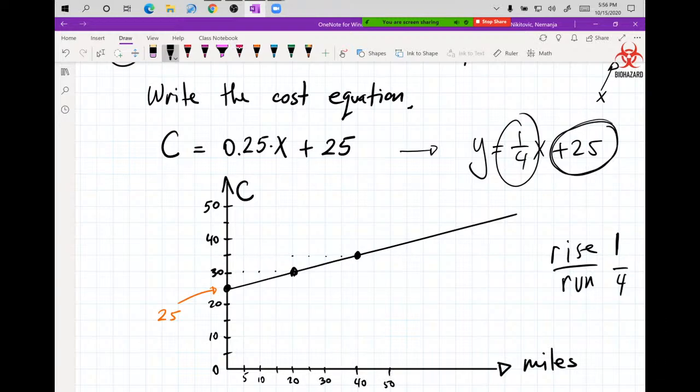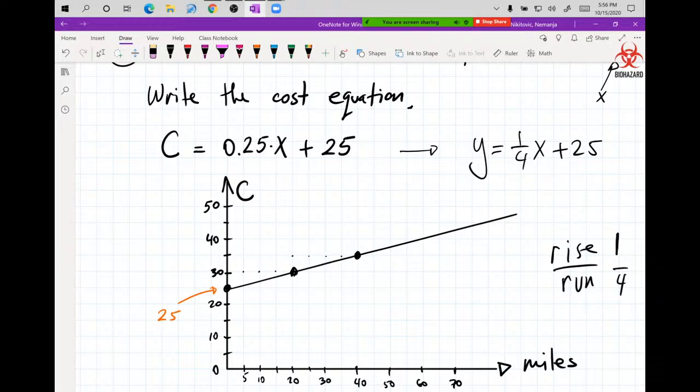So every 2, we're going to have these, 10, 20, 30, 40, and so on. Good. So this is our graph. And now we can see how many miles we can cover with a certain budget.